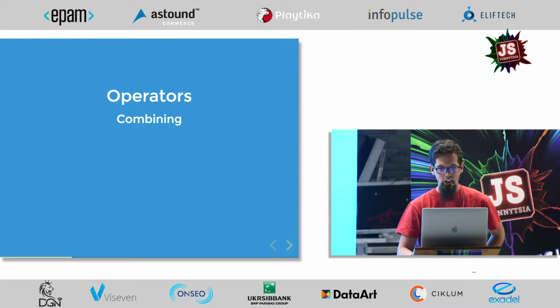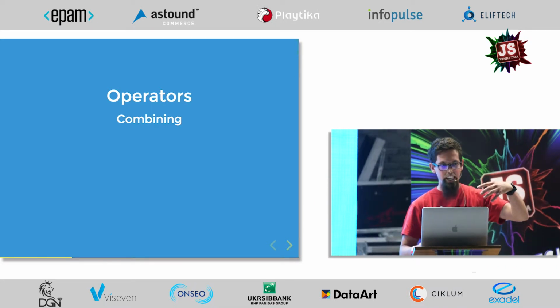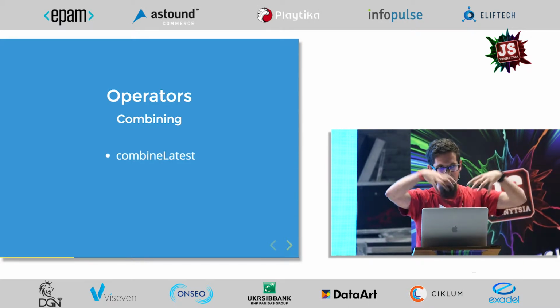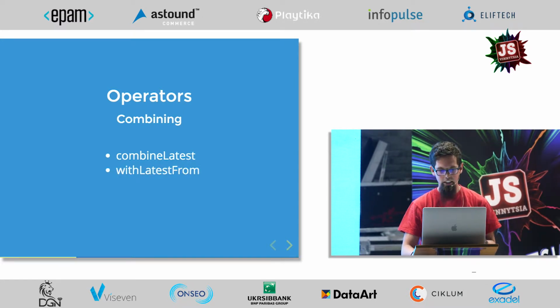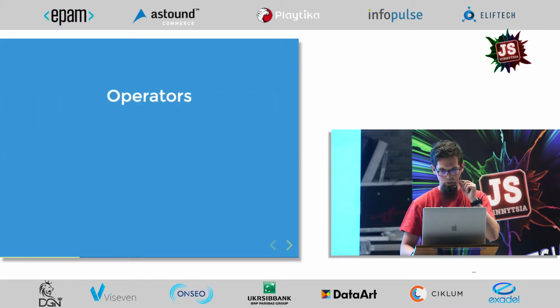And there are also combining operators. You could think of it as you've got your stream of beans and you've got your stream of water, and you combine them together to create a delicious drink, which is coffee. There are many different operators which do the combination in different ways. I will use zip in this presentation, but we'll come to that later. And the last thing is creating.